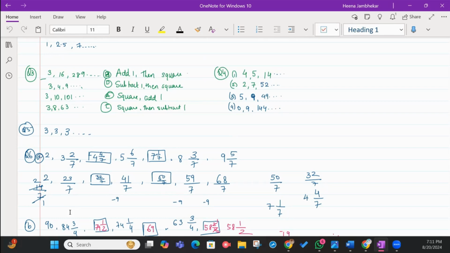Did you understand? Where is the 32 upon 7? Here. So 32 upon 7 as a mixed number would be.